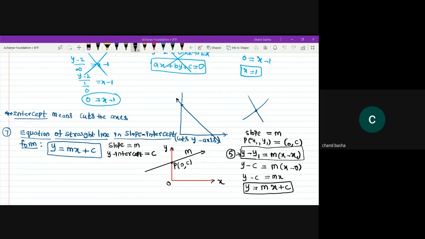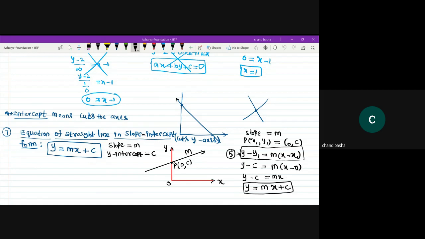We have solved 5 to 6 questions for both concepts, point number 5 and point number 6. Let's observe the difference in the given problems. What is given in the 5th question and what is given in the 6th question?